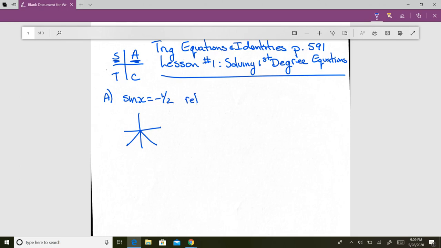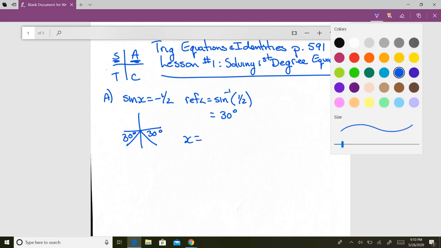Then we find the reference angle. Hopefully you remember how to find the reference angle by using the inverse sine function, sine to the -1 on your calculator, of 1/2. Remember, we ignore the negative sign. And that will give us 30 degrees as our reference angle. So that means these two angles here are 30 degrees. So what does x equal? Well, it's the rotation.